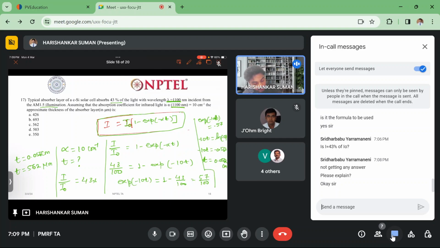We are already given I by I naught equal to 43%, and alpha is given as 10. Put in the alpha. We have to find the thickness t or d. So now please solve this exponential term.